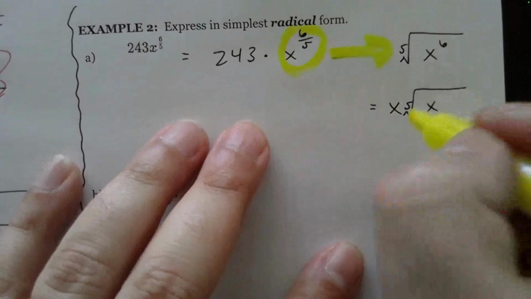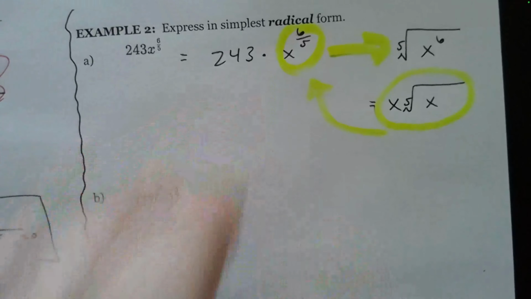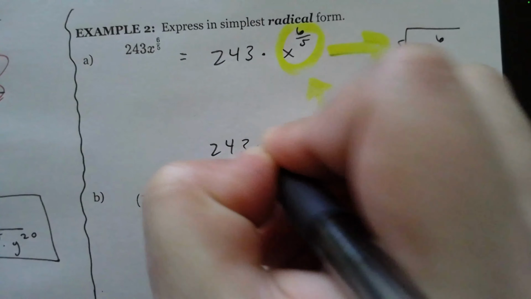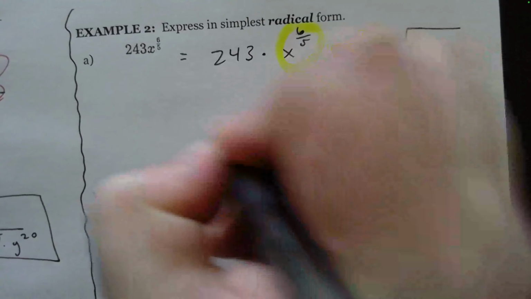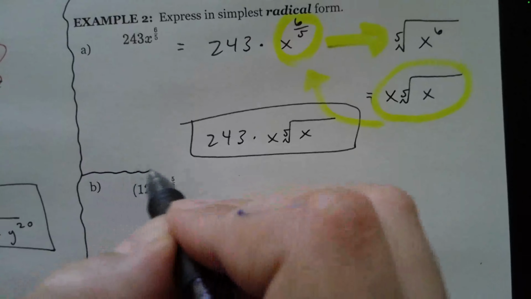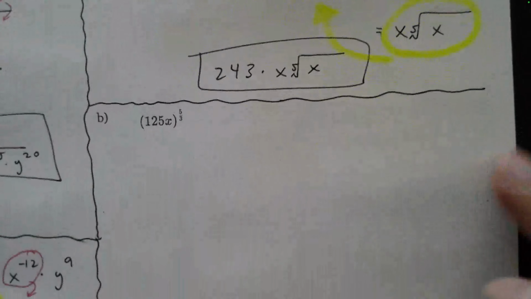Move that back in. 243 times x, 1 left over, done. Okay. Next one should be B. There you go.